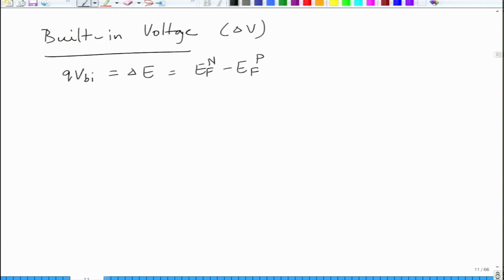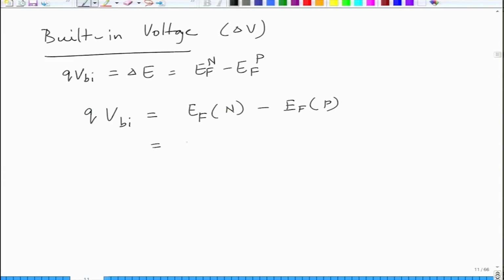So qVbi is equal to EF of the N side minus EF of the P side.